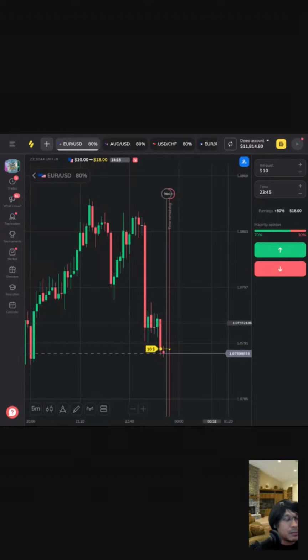So what do you think? Am I going to be able to make some profit out of this trade? This trade is based on the first breakout candle closing below the support level that it just broke.